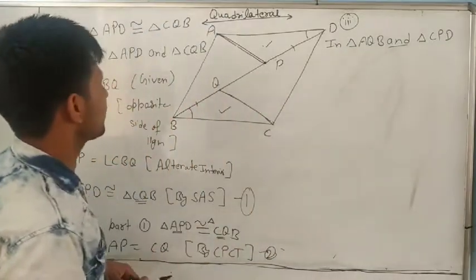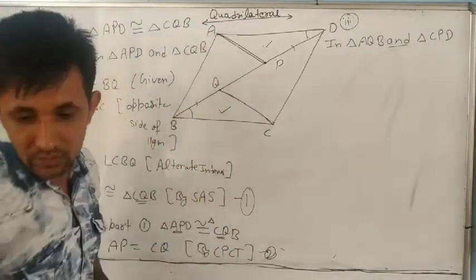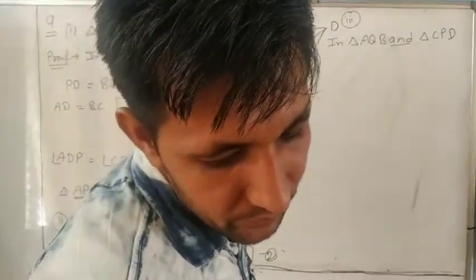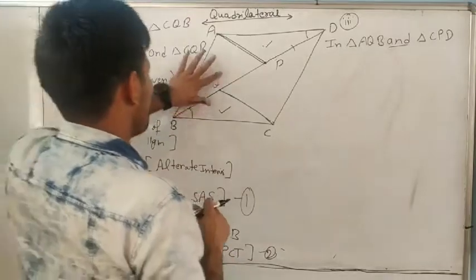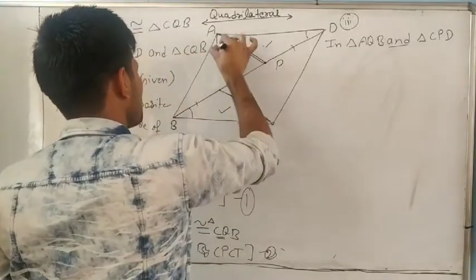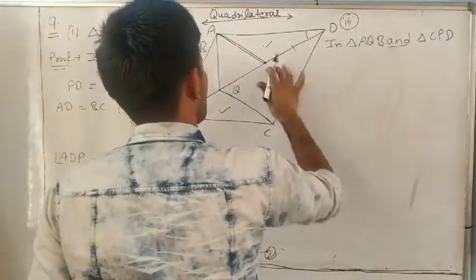AQB. Where is AQB? Which one is given? So we will take AQB, and it is also given in the figure.